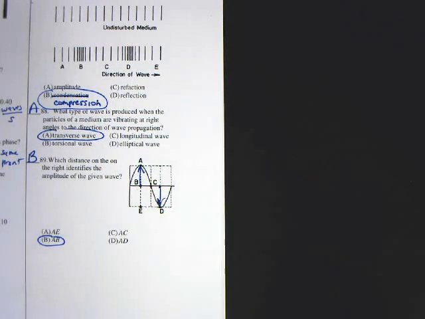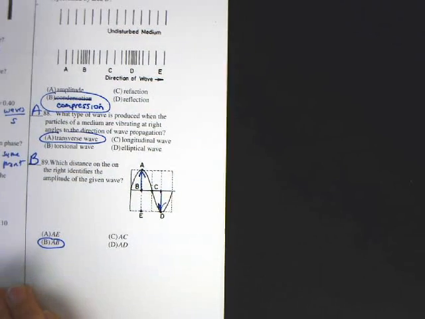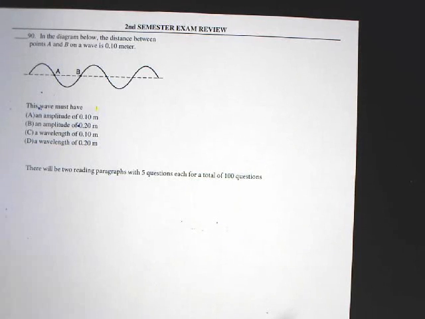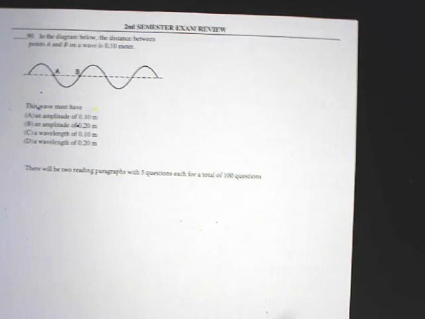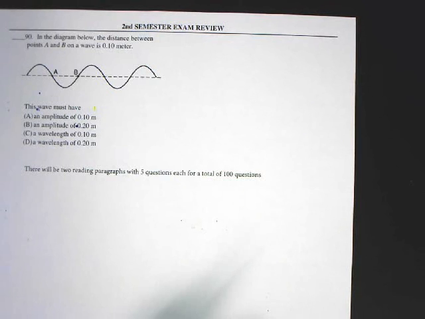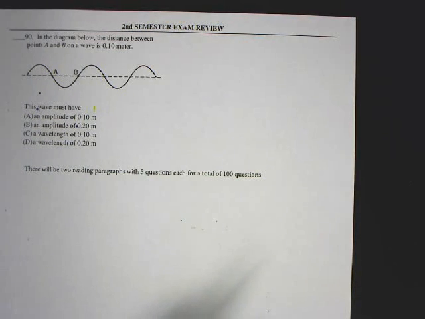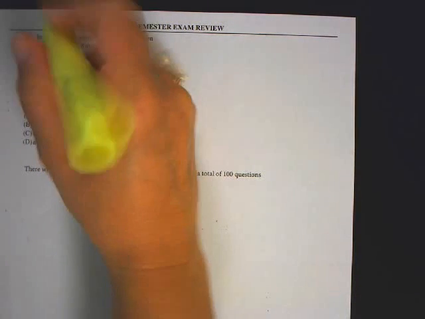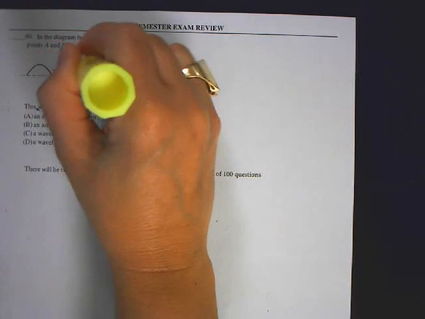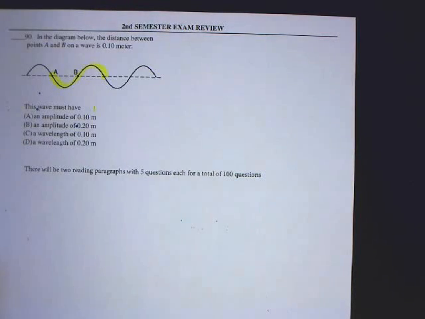And then the last question says, in the diagram below, the distance between points A and B on the wave is 0.1. This wave must have... Remember, a complete wave, the wavelength, is like this. That's the complete wavelength, from here to here.